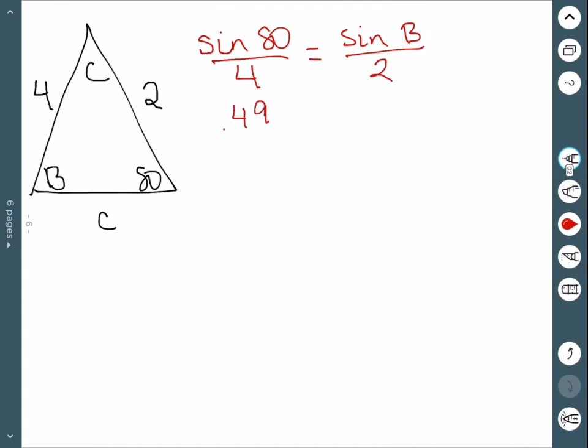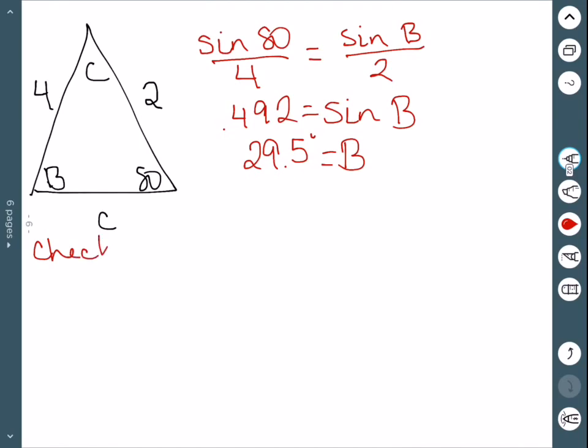We'll get 0.492 is equal to sine of B. And then we can use the inverse sine to find angle B. We get that it is approximately 29.5 degrees. And at this point, we need to check to see if there's a second case.